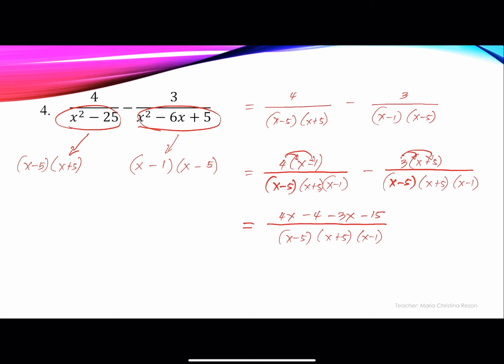Simplify further, you will have 4x and negative 3x, that is equal to x. And then negative 4 and negative 15 gives you negative 19. That is all over x minus 5 times x plus 5 times x minus 1. And this is now your final answer.